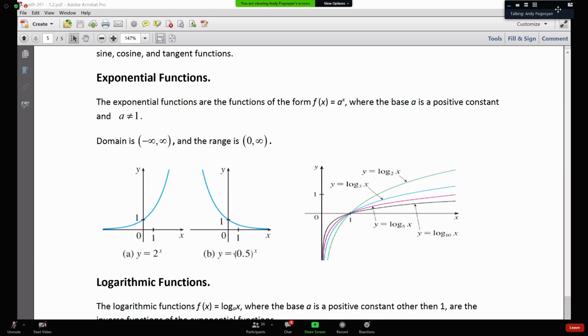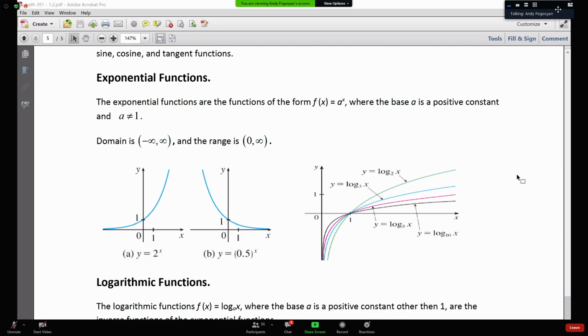Now, it's a one-to-one function, which means what? For any one value from the domain, there is exactly one value in the range. So there is a one-to-one correspondence. You can look at the graph, it passes the horizontal line test. So the inverse of the exponential function exists.